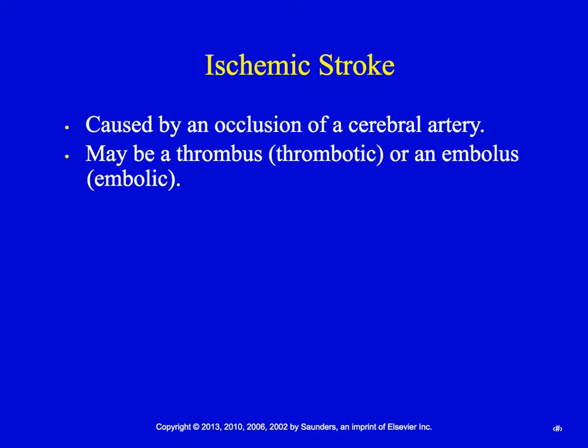The number one cause of an embolic stroke is atrial fib. It's a cardiac condition where a patient has an irregular arrhythmia in their heart. I'll explain this a little bit more in class because it's a little hard to explain this way.